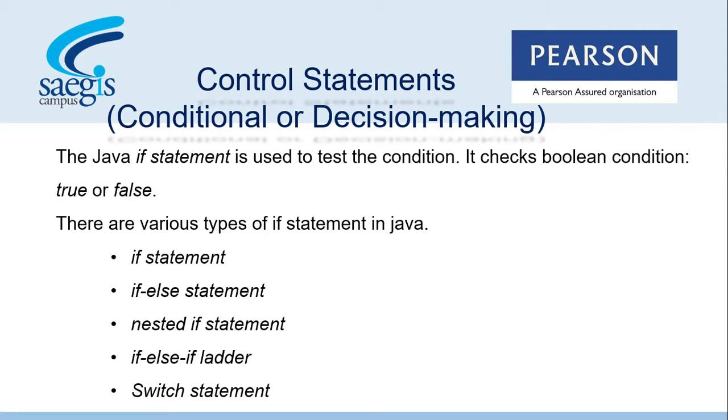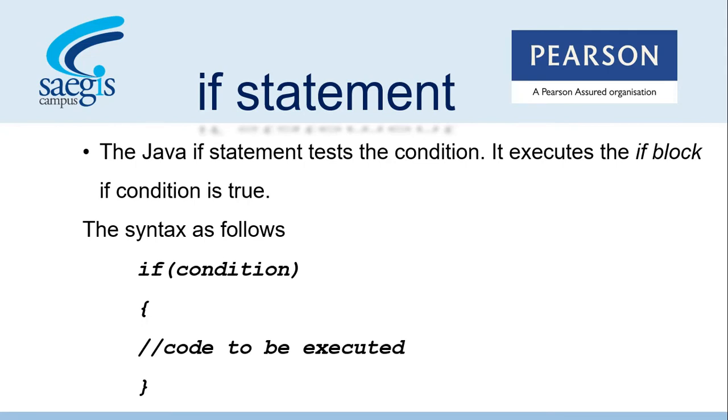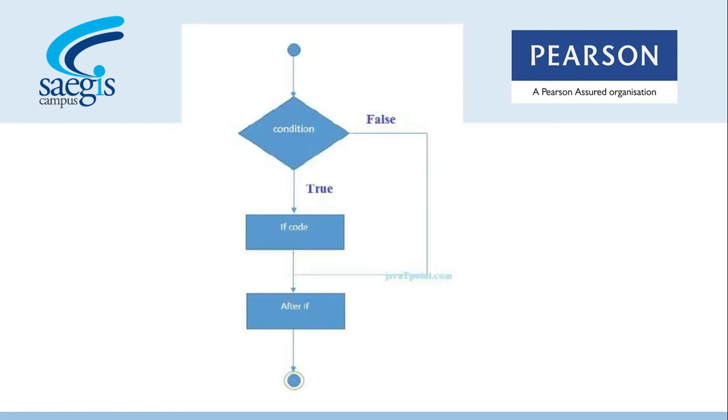The condition will return true or false. Here we have the if condition, and this is the syntax. First type the keyword if, then within brackets give the condition, and within the if block give the code to be executed if the condition is true.